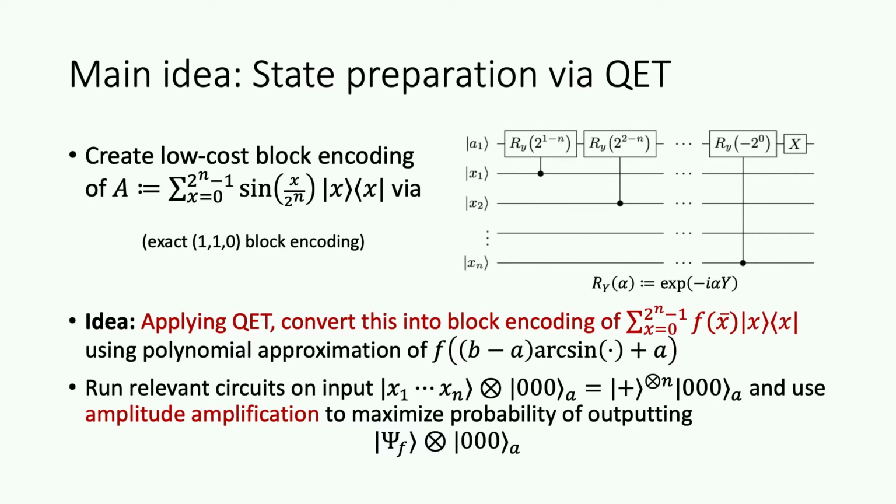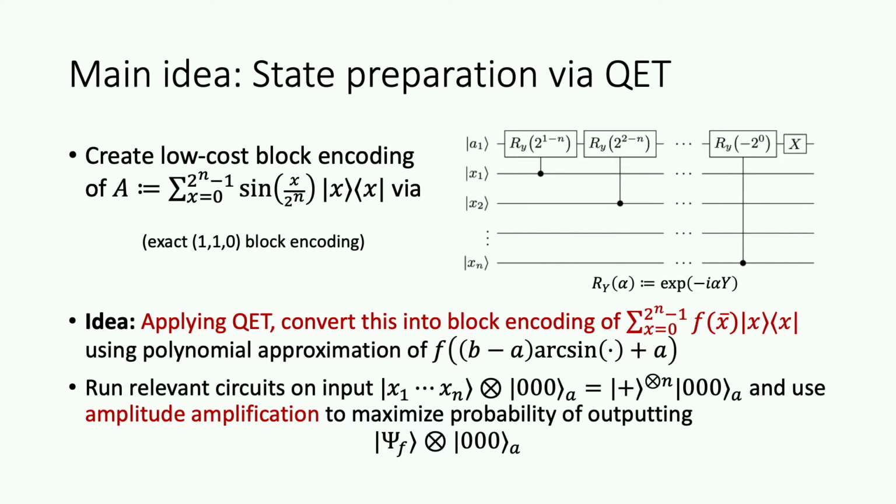And then in the last step, okay, you have to run this on the all plus input. So if you look at this picture here, right here is your computational basis input. So you would run it on the all plus input, and then you can use a couple of rounds of amplitude amplification, such that if you measure the ancilla qubits, so here you're going to need 3 ancilla qubits, if you measure and you get the all zero state as a result, you actually prepared the state you were looking for, at least an approximation thereof, because you used the polynomial approximation.